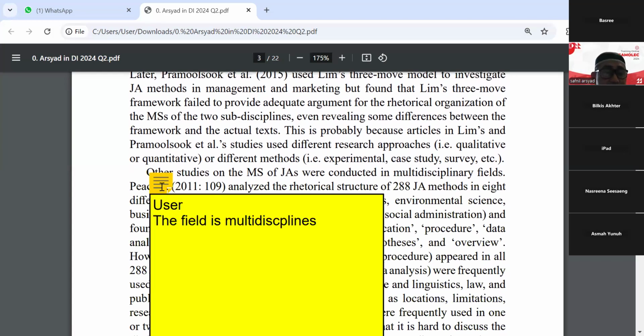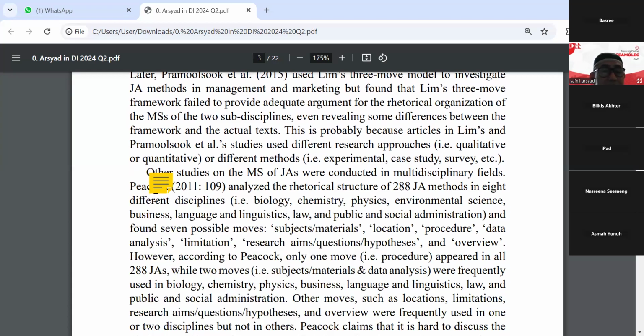In the second paragraph, this is the review of studies in multi-disciplines. Like Peacock here, who analyzed the rhetorical structure of 288 journal articles in 8 different disciplines: biology, chemistry, physics, environmental science, business, language and linguistics, law, and public and social administration.